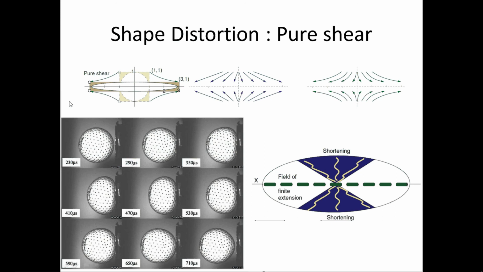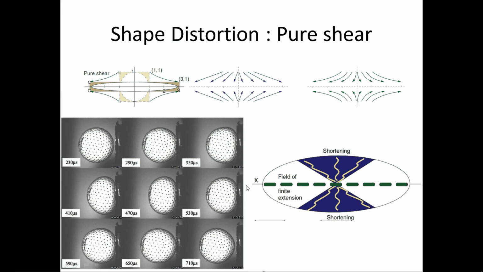Moreover, if you have a material line which is parallel to this axis 1, it will not rotate in this pure shear. They will remain in their original position, they will not rotate.